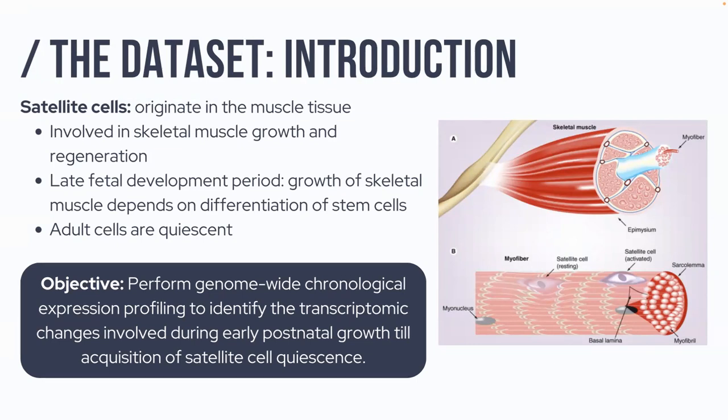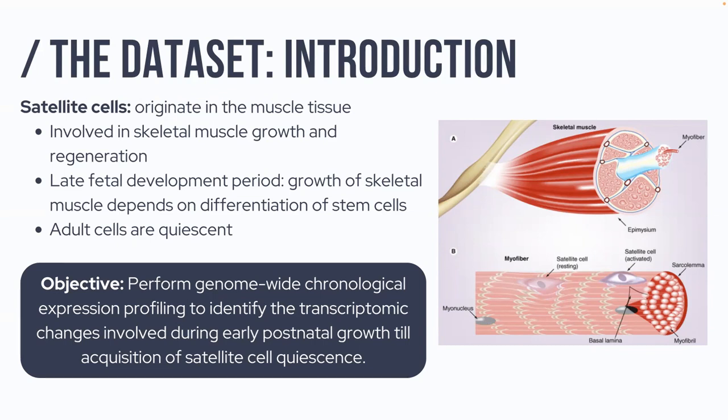And so it's said that during the late fetal development period, so when the fetus is growing, these stem cells are replicating and differentiating a lot so that they can grow that skeletal muscle and those tissues during development. However, adult cells are known as quiescent, which means that they're in a resting state.